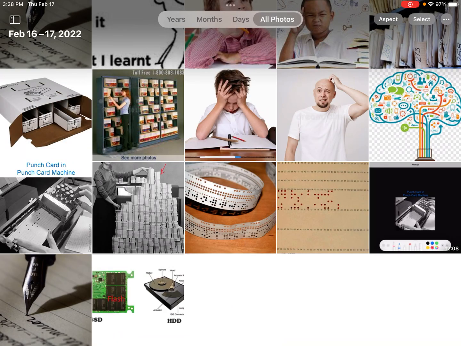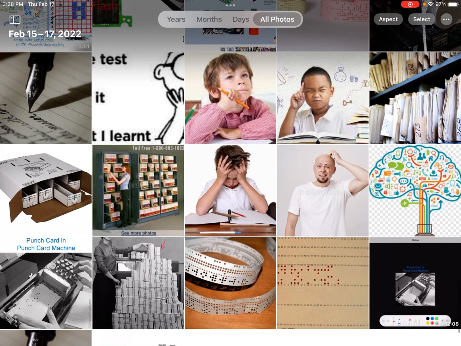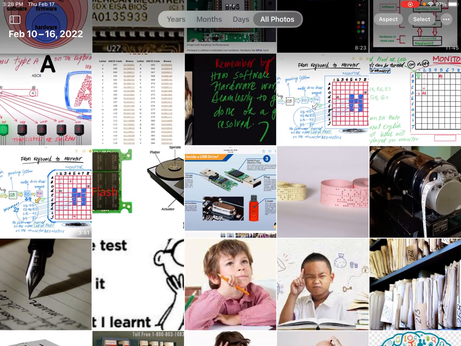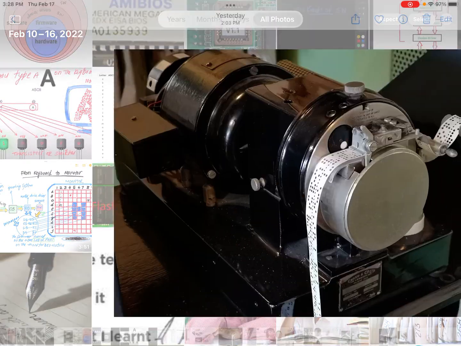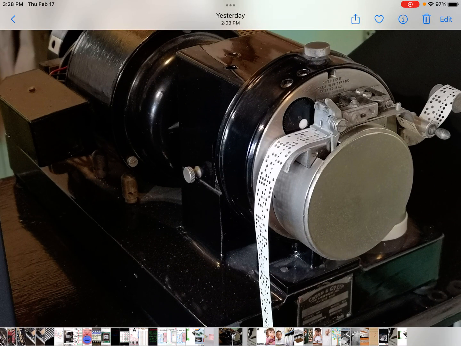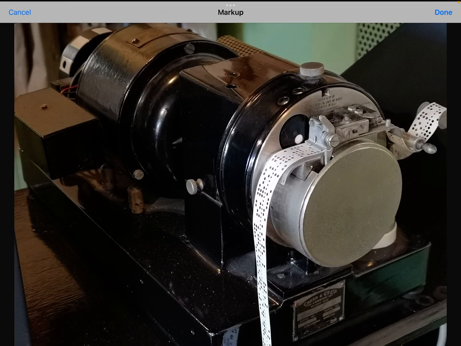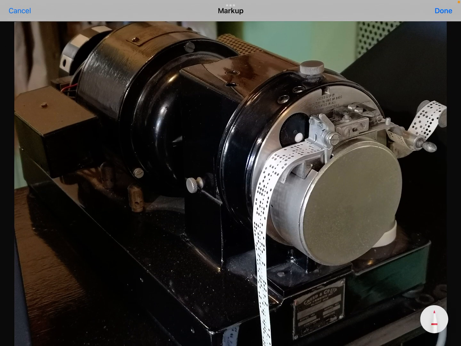Now the other first-generation device was a machine like this. You can call that the first hard disk. You see this paper tape with lots of holes on it.